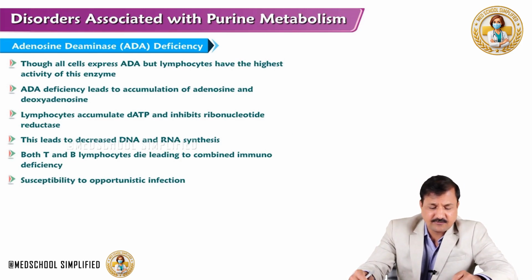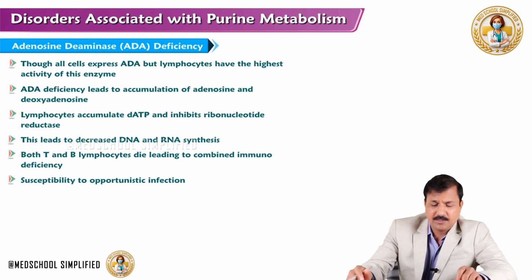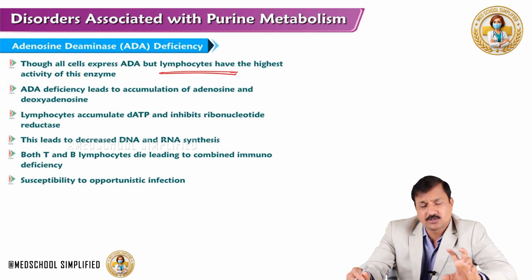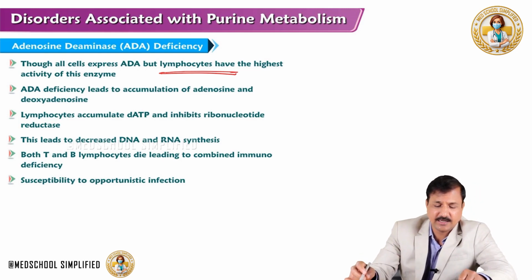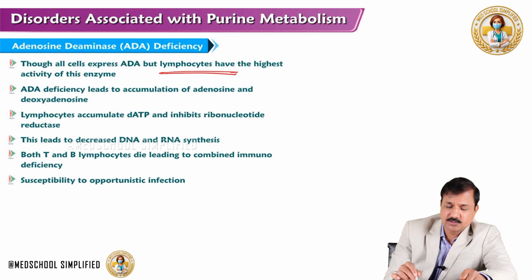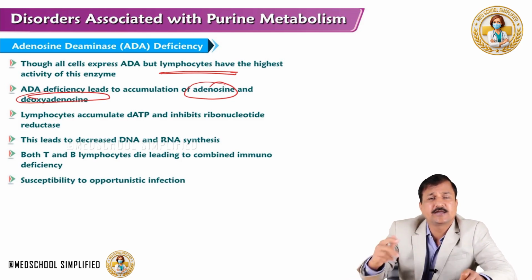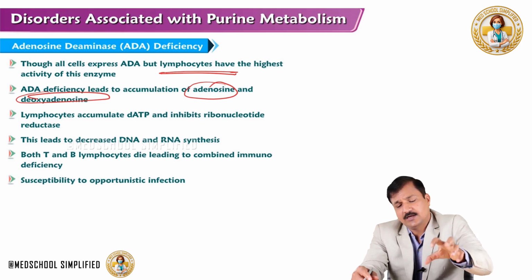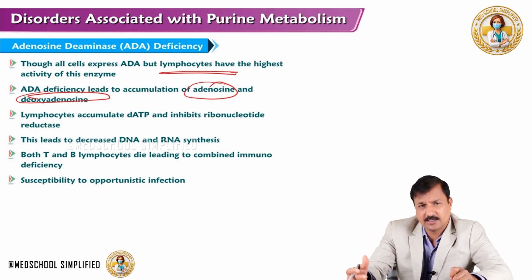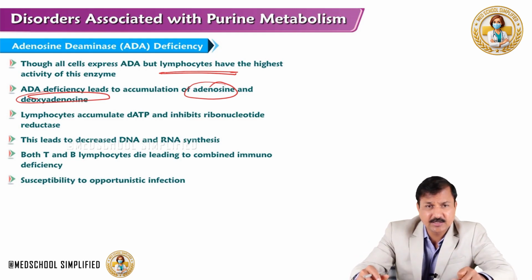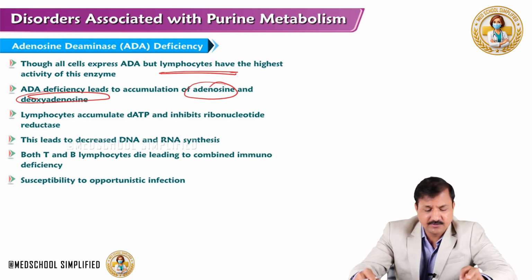Though almost all cells express adenosine deaminase enzyme, lymphocytes have the highest activity of it. So ADA deficiency will affect lymphocytes the worst, because it leads to accumulation of adenosine and deoxyadenosine, especially in the lymphocytes, because other cells secrete adenosine and deoxyadenosine into the blood, whereas both T lymphocytes and B lymphocytes take up adenosine and deoxyadenosine from the circulation.